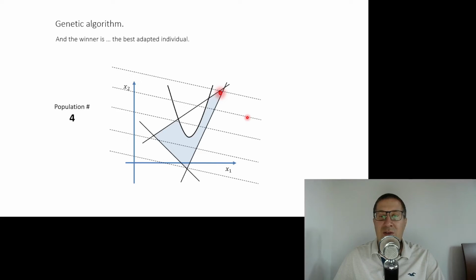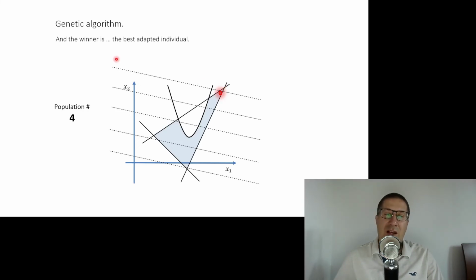But remember, it's not scalable. The calculation time might be very high, and we are not sure if we find the best solution. So it's useful, but you have to be careful with using this algorithm. You have to know when to use it.